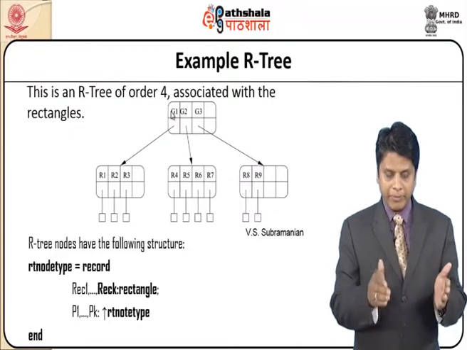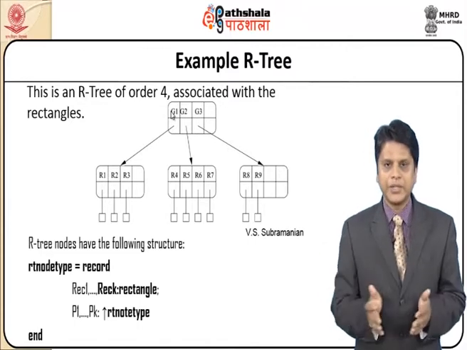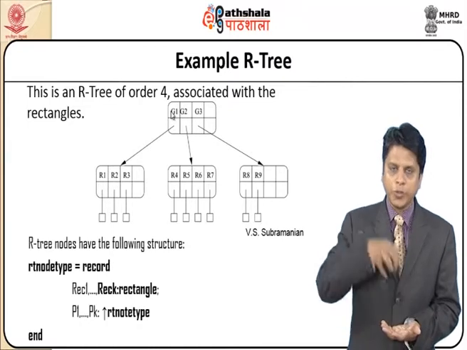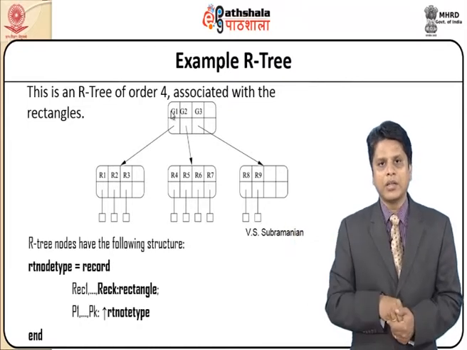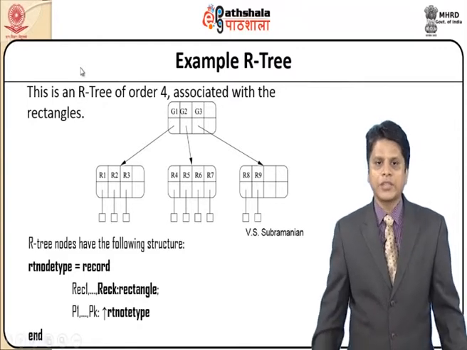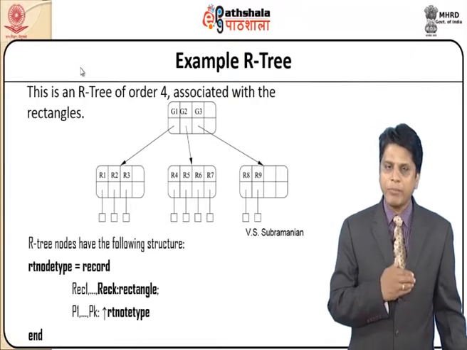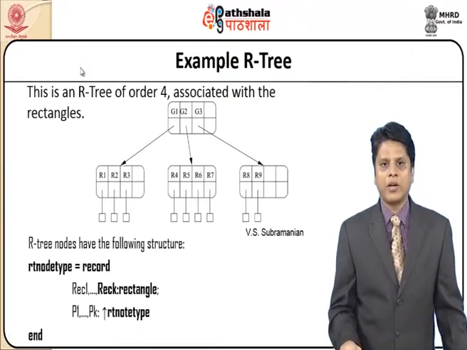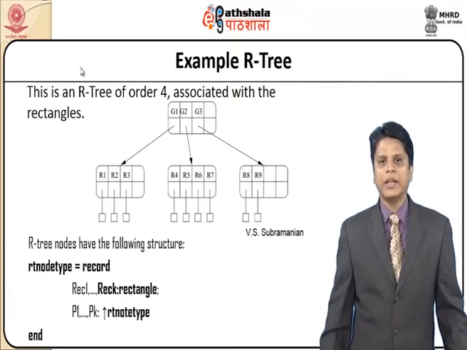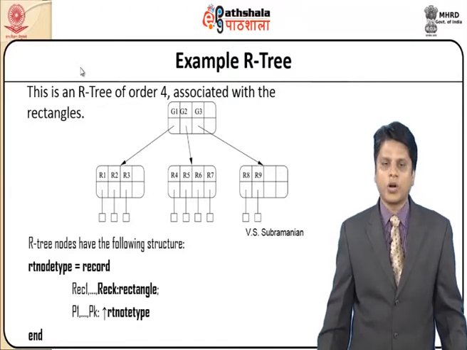Say I have marked several rectangles like this, which are found to be clustered, and after marking all these clusters, they can be grouped together under one particular node. So, this R tree is of order 4 associated with the rectangles. It need not be 4 in terms of order, it can be even more than that, but we have identified 4 groups here. So, we will say 4 nodes, order of 4.